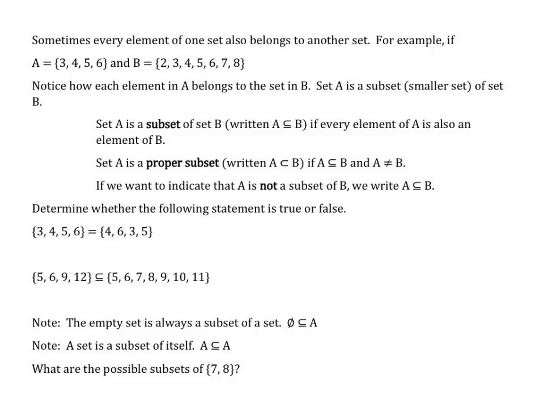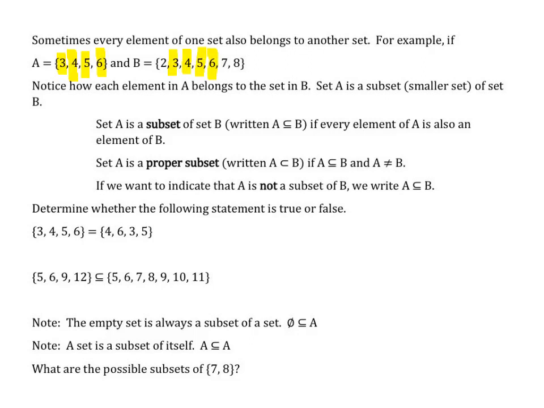Sometimes every element of one set also belongs to another set. For example, if we have the set A, which contains the numbers 3, 4, 5, and 6, and we have the set B, which is 2, 3, 4, 5, and 6, notice that each element in A, we have 3 and 3, 4 and 4, 5 and 5, 6 and 6.